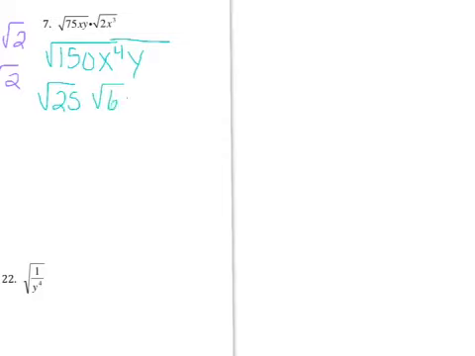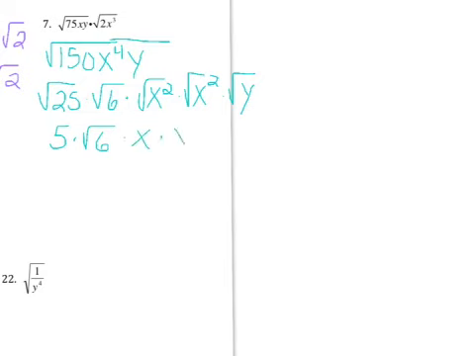We can break up x to the 4th as x squared times x squared. And we still have the square root of y just by itself. So we end up with 5 times the square root of 6 times x times x. We still have the square root of y. So our final answer is 5x squared square root y.